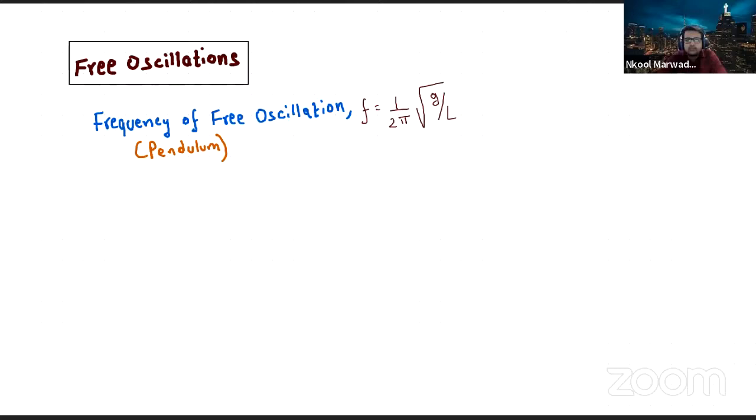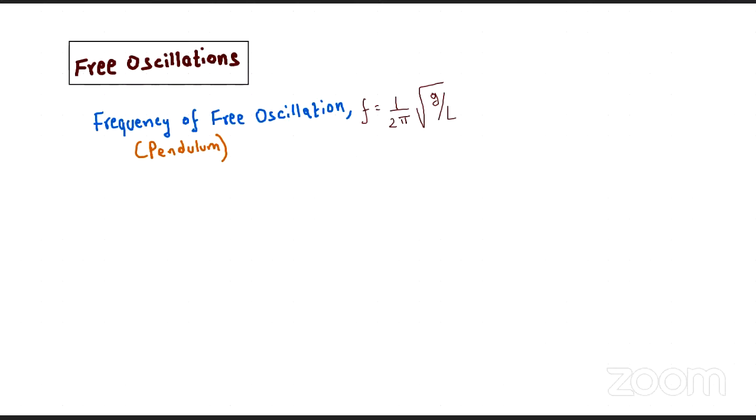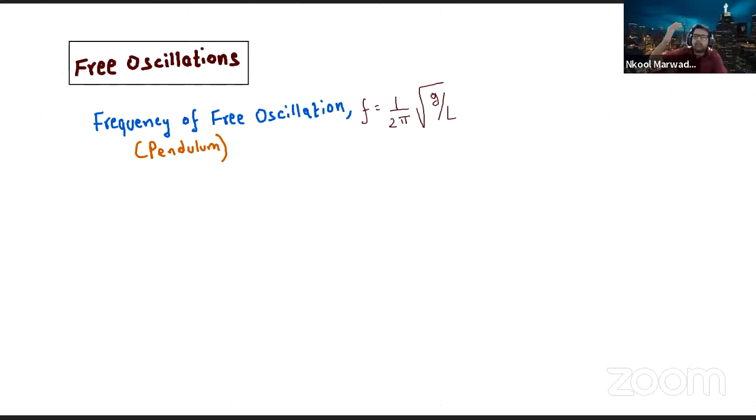As we can see, in the case of the pendulum, the frequency depends on the length, and it is very important. It is inversely proportional to the square root of the length. Frequency means number of oscillations per second. So if I increase the length of the pendulum, the number of oscillations per second will decrease. It will take more time to complete one cycle.